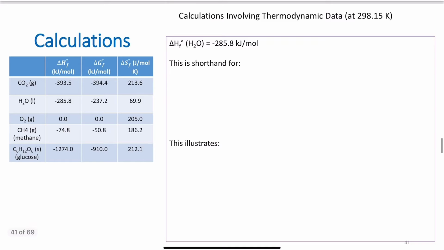What if I wrote delta H formation of H2O as negative 285.8 kilojoules per mole? Well, that's shorthand for writing H2 gas plus 1/2 O2 gas yields H2O. Depending on the temperature, this could be gas or liquid. But in this case, this value here is for the formation of liquid.